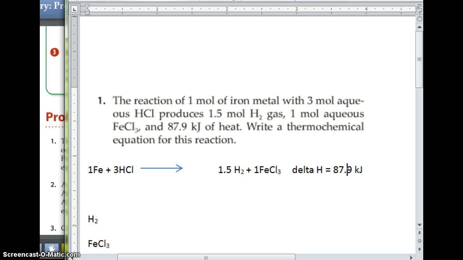Does that mean heat is being taken in or heat is being given off? It produces heat, so the heat's going out. So is it endo or exothermic? It's exothermic. So is it positive or negative? It's negative. Are we done?